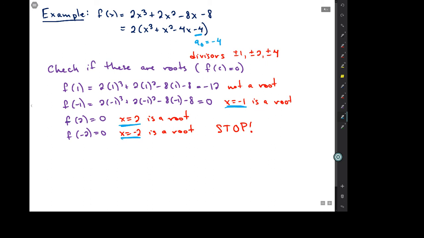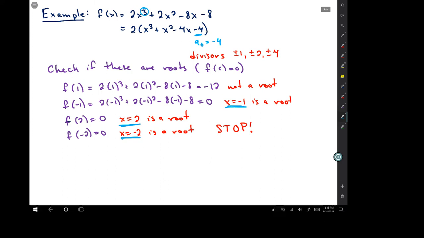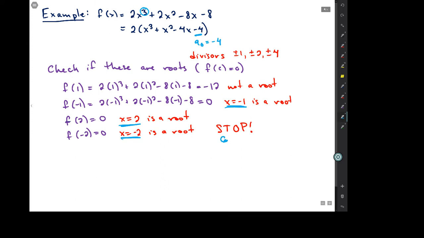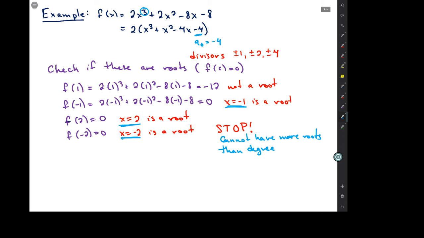The degree of my polynomial that we started with was 3, and I know that I cannot have more roots than the degree of my polynomial. So I've found all 3 roots of this polynomial.